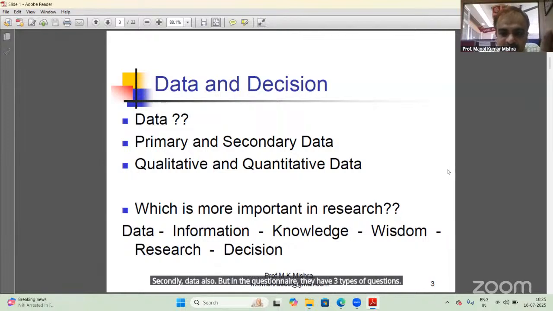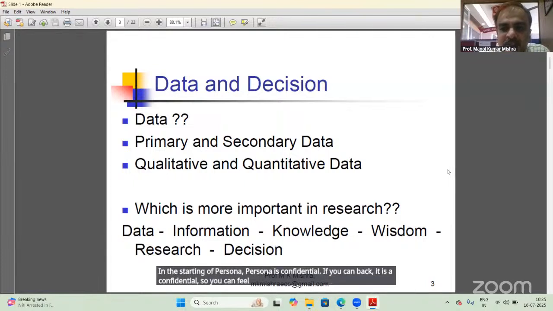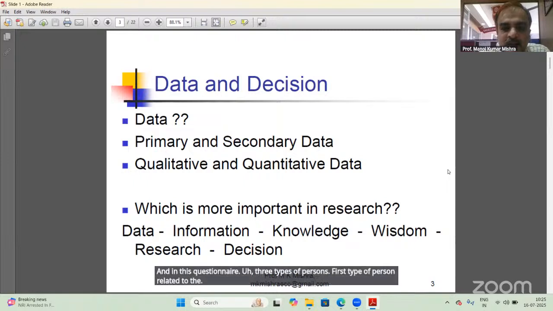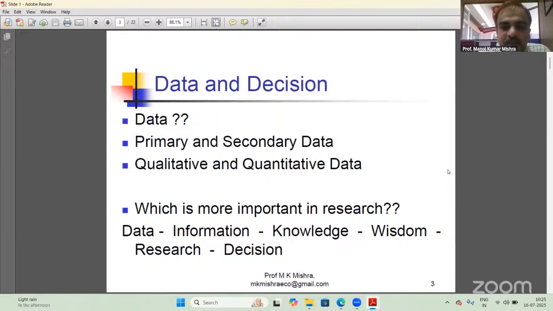In the questionnaire, there are three types of questions. In the starting of the questionnaire, it is written that it is confidential, so you can fill it, you can give the data. First type of question is related to alternative questions. Suppose that a teacher is teaching in the class.